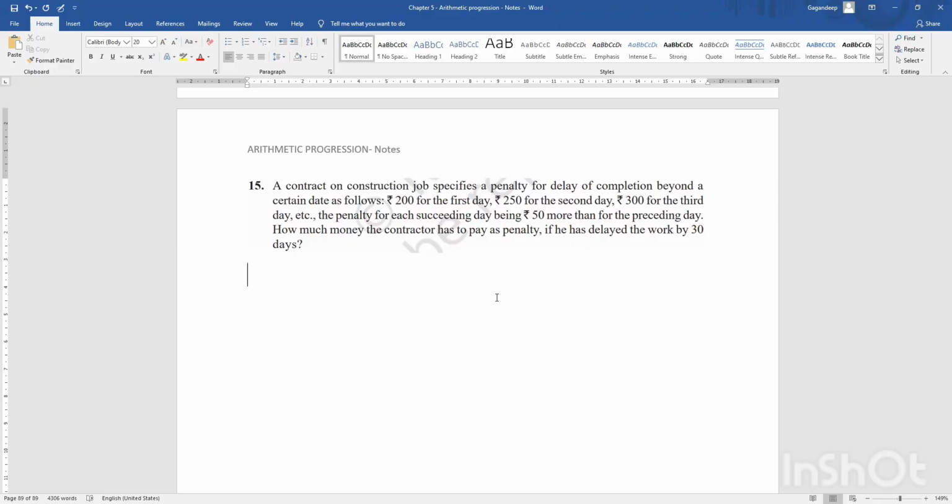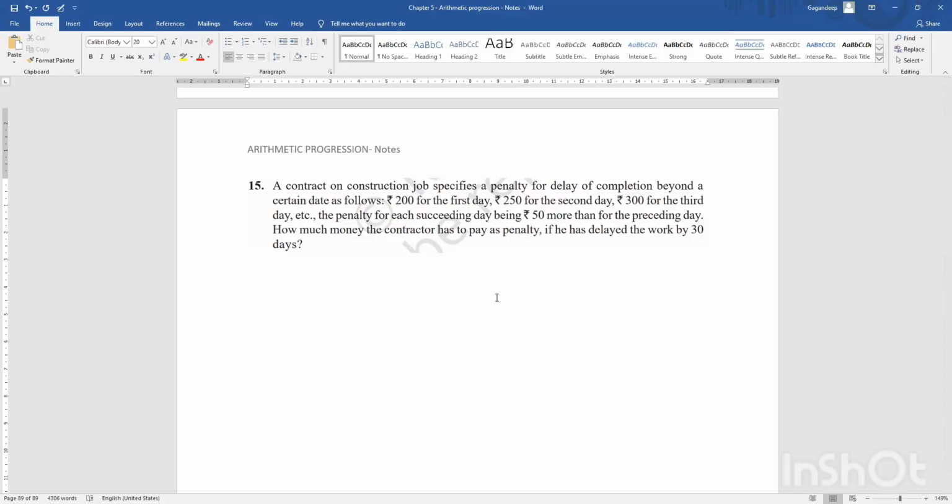So that is nothing but the common difference. d is given to be rupees 50. Now they have also given the number of terms, that is n equals 30, because here they told the work is delayed by 30 days. So that's why I take n as 30. We need to add up the penalties for 30 days.